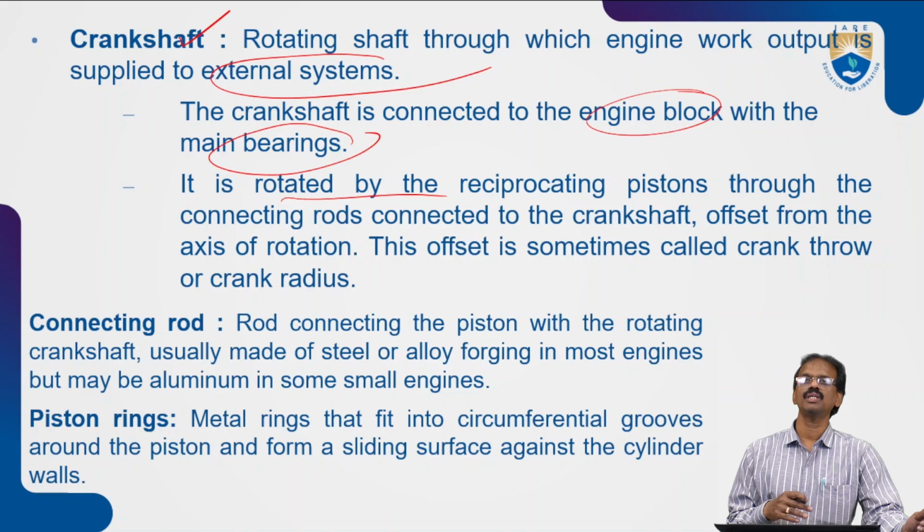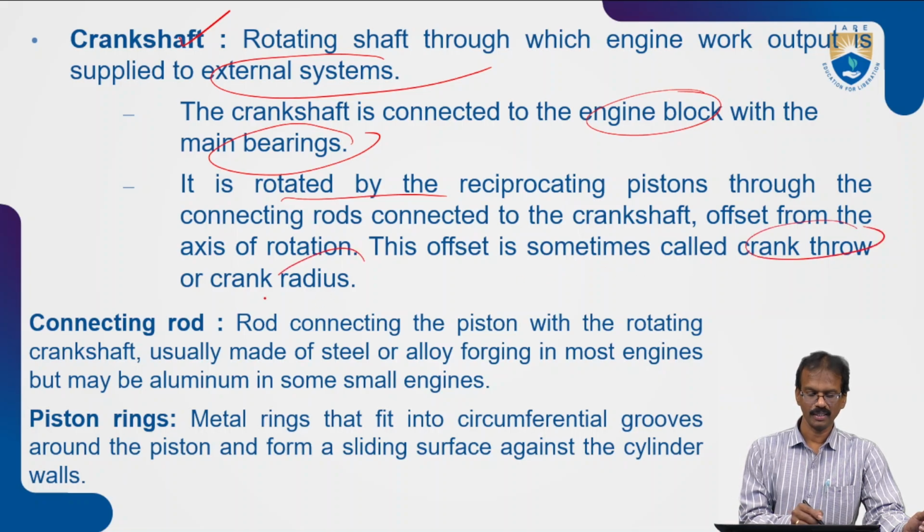So this rotating shaft is connected to whatever the engine drives. The offset is sometimes called the crank throw or crank radius.